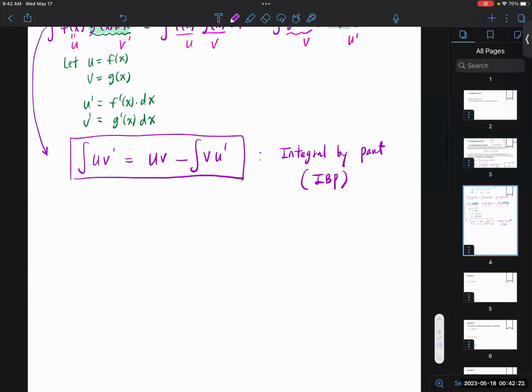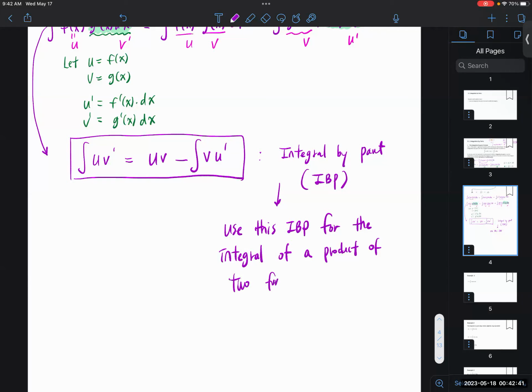We're going to use this IBP for the integral of a product of two functions. So that's what we're going to use in this entire unit.